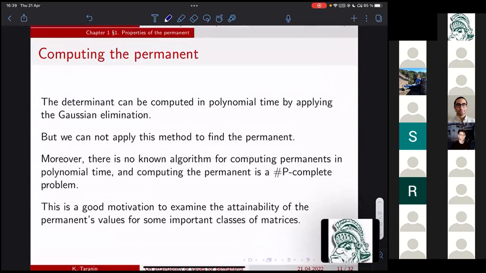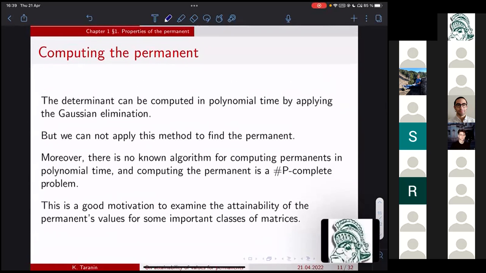And it turns out that this difference from the determinant makes it impossible to apply Gaussian elimination to calculate the permanent. But moreover, no other method has yet been suggested that could calculate the permanent in polynomial time.